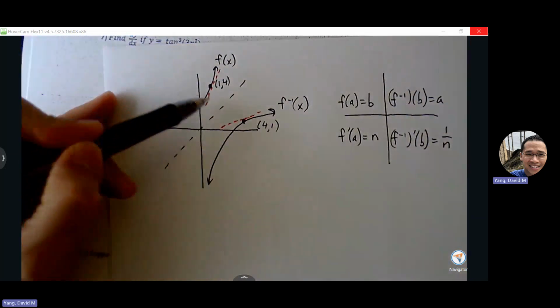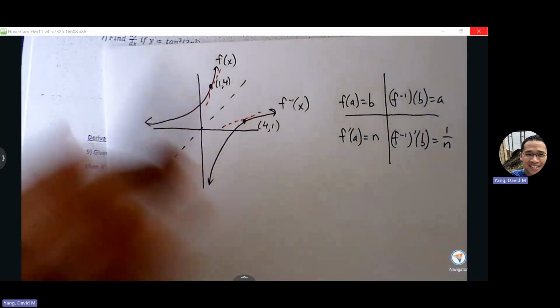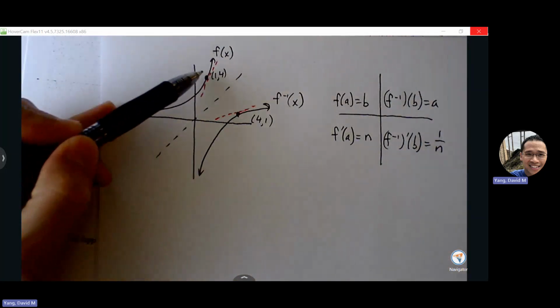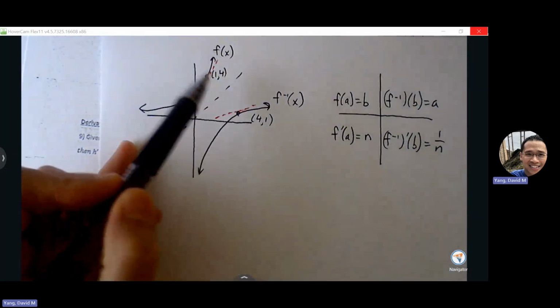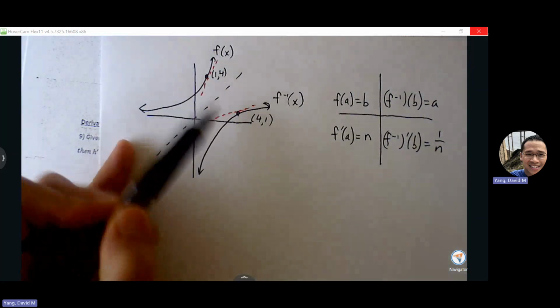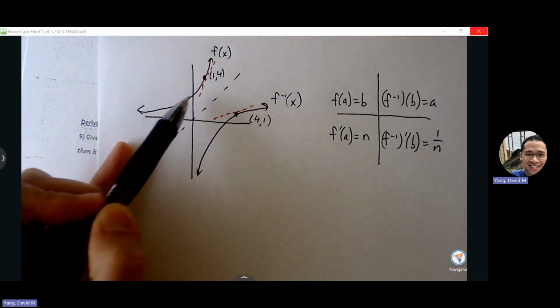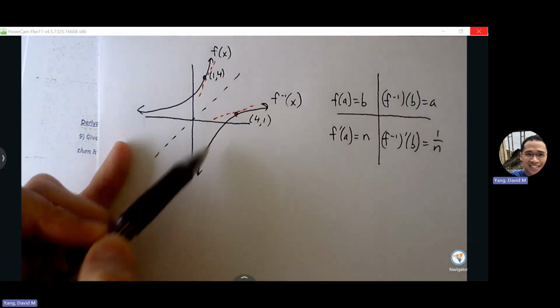So there are some visual connections between their location and their slope. The visual connection is that if it's a function and its inverse, they're always going to have these special properties. Any ordered pair that you can imagine on the function, the flipped version of that ordered pair will exist on the inverse.